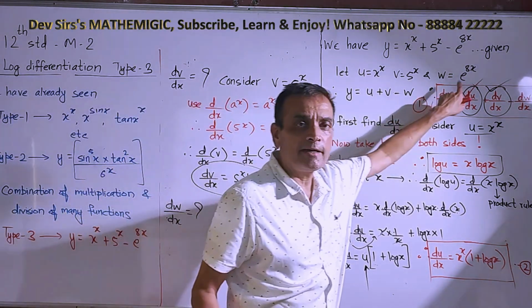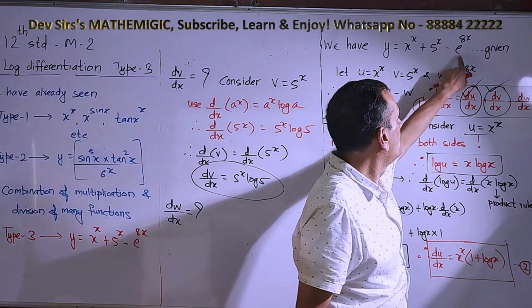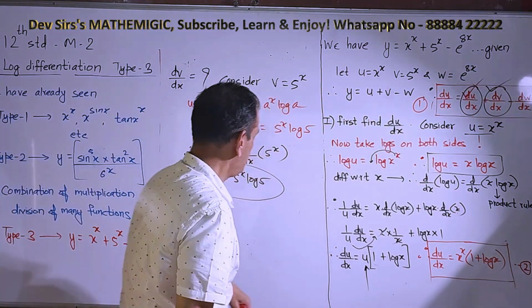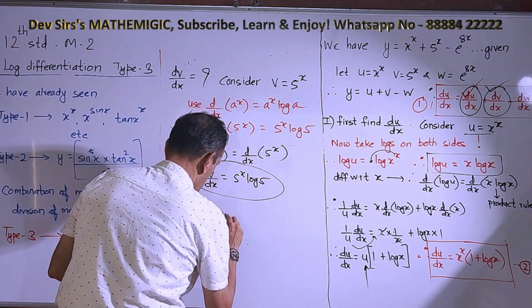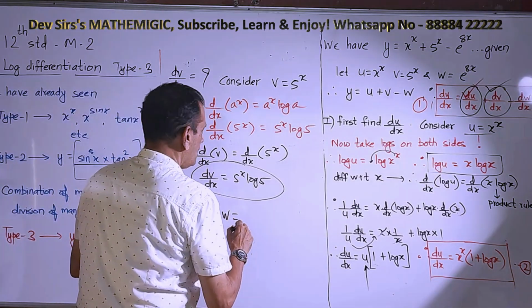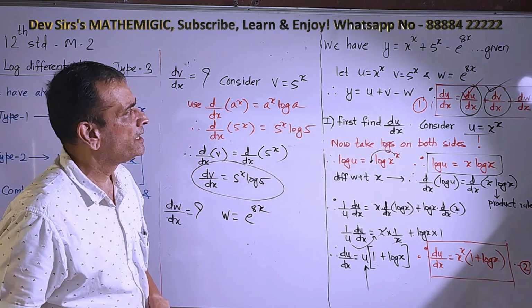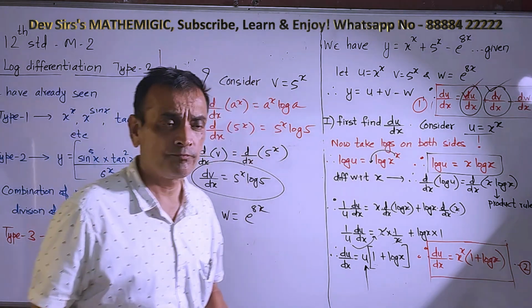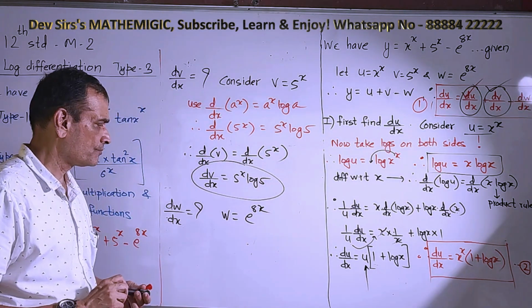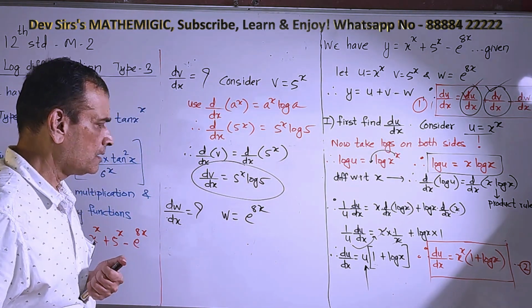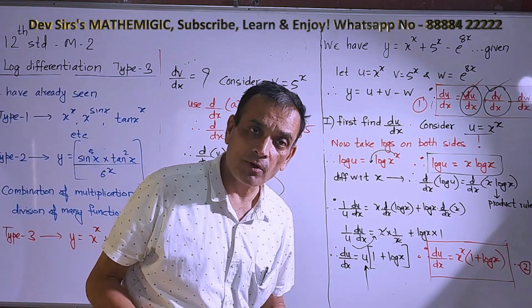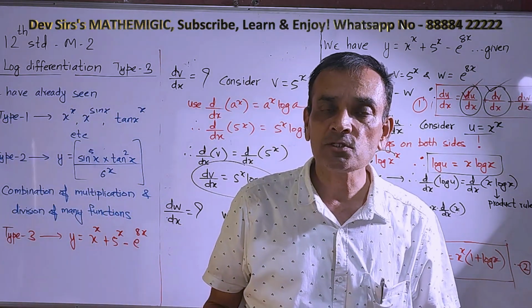dw by dx के लिए let us consider equation of w. थर्ड फंक्शन को w बोला है. e raised to 8x. Simple formula. One more formula. Derivative of e raised to x is e raised to x.